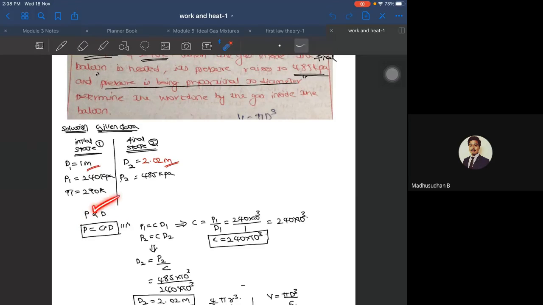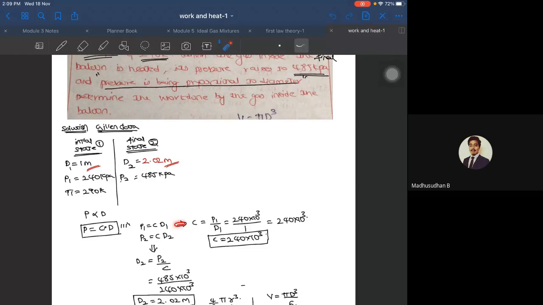If I take out the proportionality symbol, what should I do? I should incorporate a constant. That is C. So if P equals C times D, I can write for the initial state P1 equals C times D1, and P2 equals C times D2, correct?